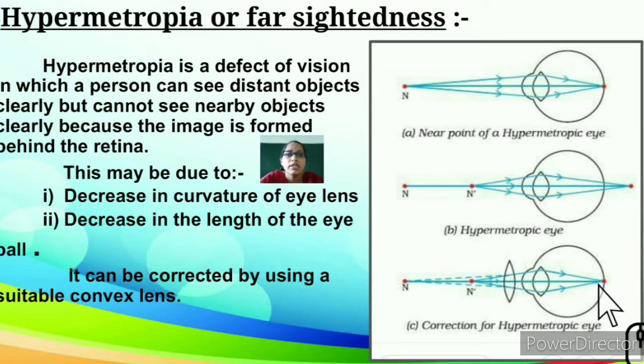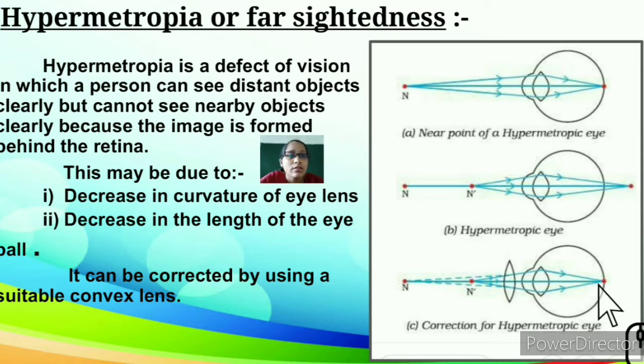The next defect is hypermetropia, or farsightedness. Myopia, as I told, is nearsightedness. Hypermetropia is farsightedness. Farsightedness doesn't mean, as the name suggests, that the person cannot see far. It's just the opposite of the word.